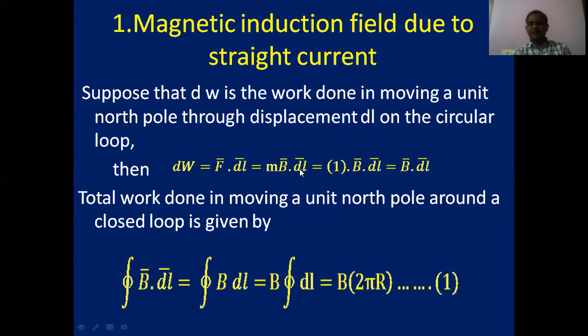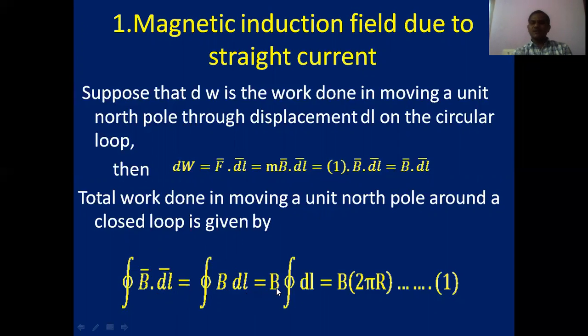Since here the unit north pole is moving along the closed path, the pole strength M is equal to how much? Pole strength M equal to 1, so dW equals B bar dot dl bar. But B bar direction and dl bar direction are the same, along the tangent line direction, right? So then we can write closed integral B bar dot dl bar is equal to integral of B dl.